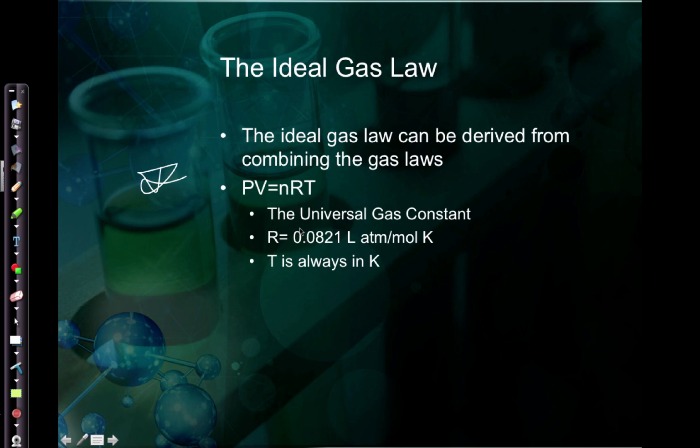R is the universal gas constant, equal to 0.0821 liters atmospheres divided by moles and kelvins. There's another R that involves different units, but these are the main units we use. Both values are given to you, so you don't have to memorize this. Temperature is always going to be in kelvins here.